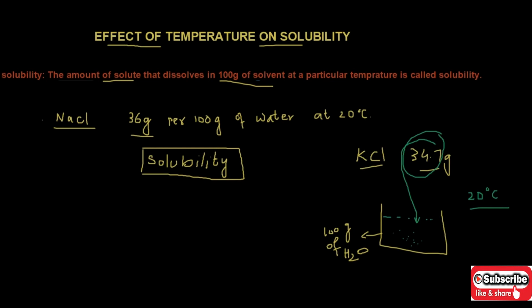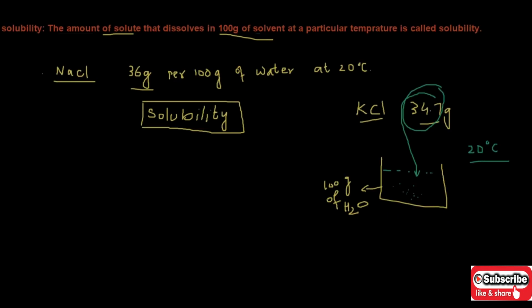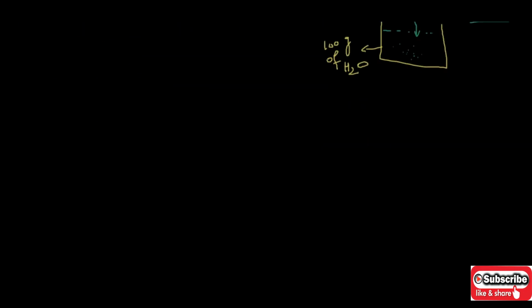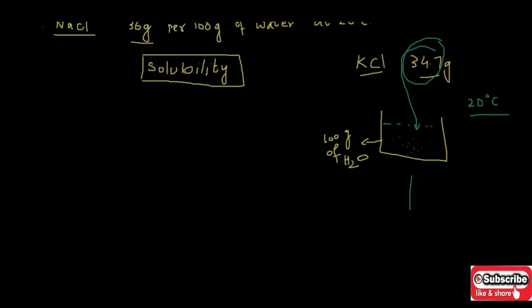However, if you increase the temperature, it would readily dissolve. If you heat this mixture with the help of a Bunsen burner, some of the potassium chloride would further dissolve within the water.